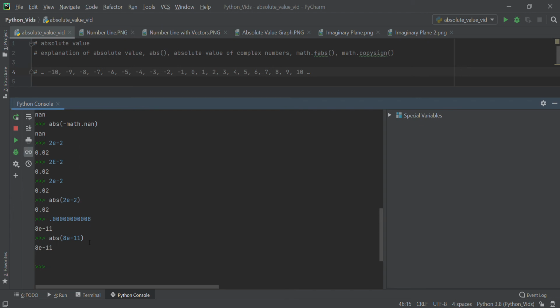Now we're going to move on to something a little cooler, which is to discuss complex numbers, what they mean, and what it means to take the absolute value of a complex number. First, though, just to quickly illustrate what we're talking about when we say complex numbers, let's think about how we might take the square root of the number -1.